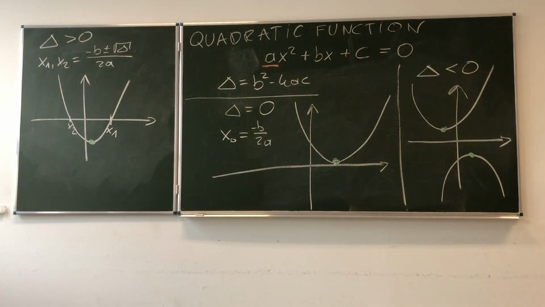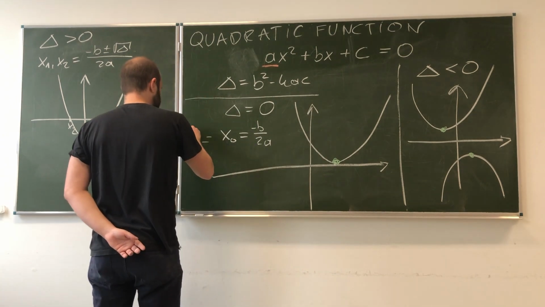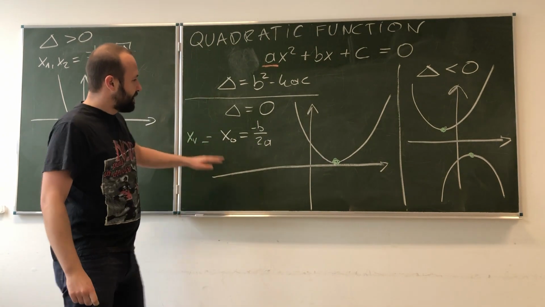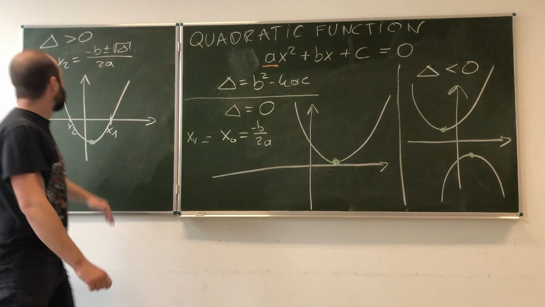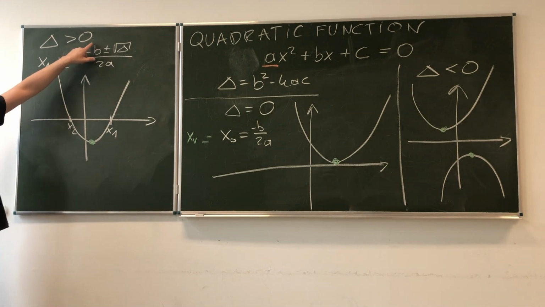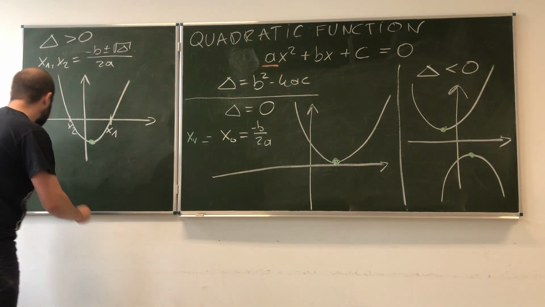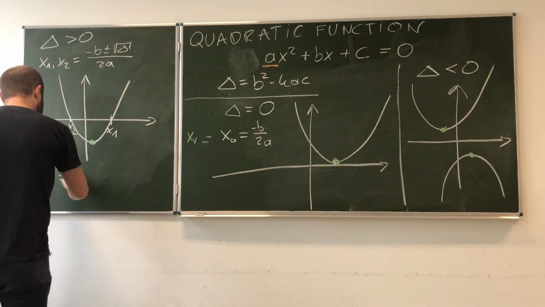Look, as it turns out, if I want to find the formula for the vertex, I can just use this formula. Because in this case, we see that this is the vertex, and we already obtained this formula. We just need to disregard the delta. And look, it makes perfect sense. It will work for every case, of course, not only this case.